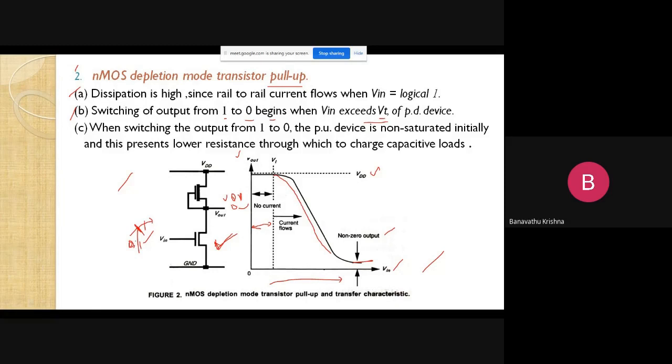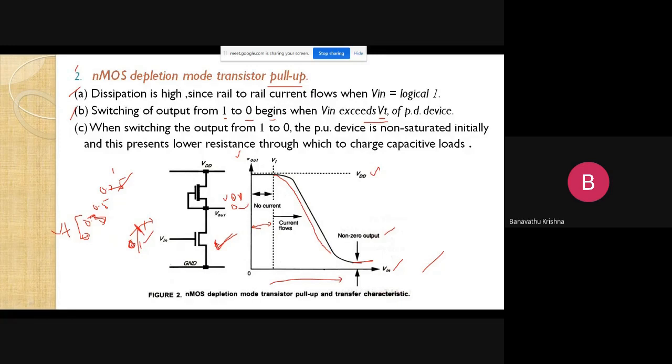Here I am going to apply input as 0, suppose 0 and 0.3 like that, and 0.5 and 0.75 and 1. These are the ranges here. This is like VT. Suppose I assume here that 0 to 0.3 is nothing but the threshold voltage.